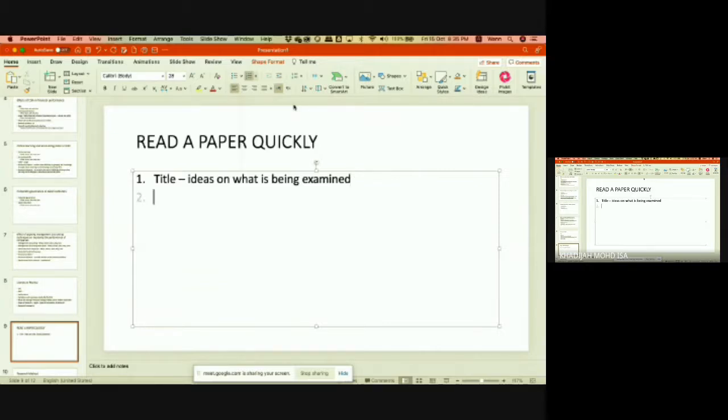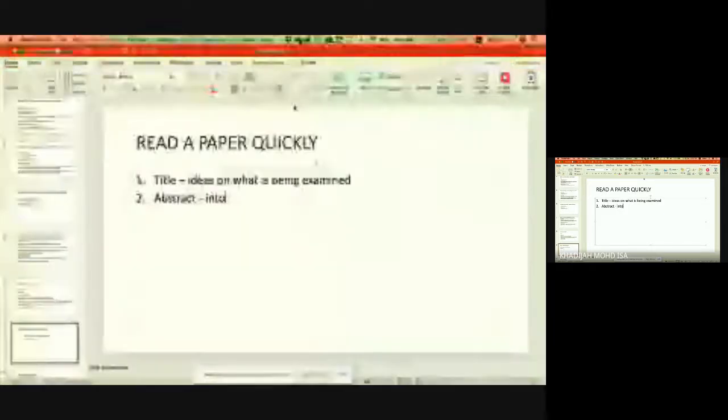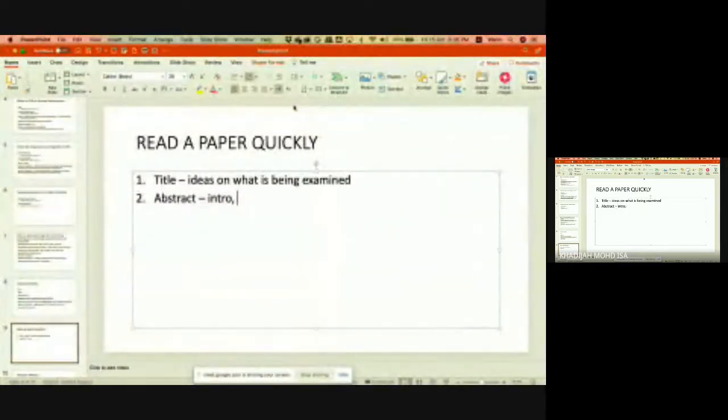Number two is that you look into the abstract, because the abstract will give you an introduction of the paper, just to introduce a bit, and of course it talks about the problem, the research objective, and then the findings. The results are also shared here, including some of the limitations. You can find all these in the abstract.